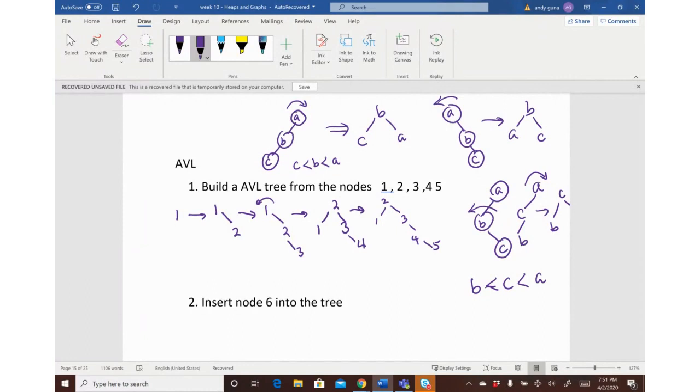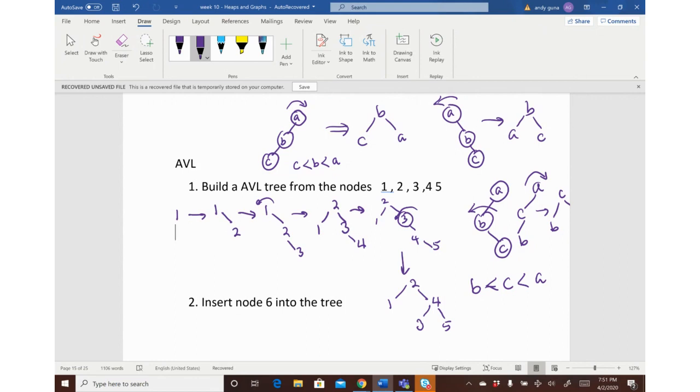Which node is that? Yes, it is 3. So the balance factor of 3 is broken. And therefore, if you look at the shape, you have to do a rotation like this. So you will get 2, 1, and then you will get 4, and 3, and 5. All right, so we have that.